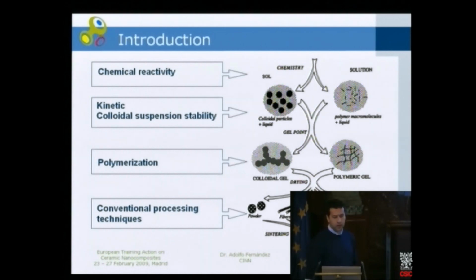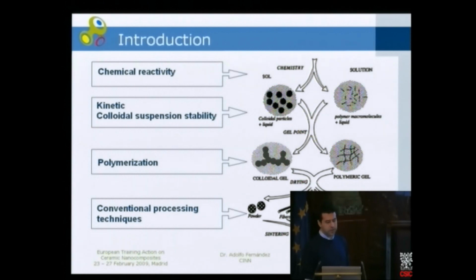In this diagram, I want to show the global complexity of this synthesis method. For example, at the beginning, it's necessary to control the chemical reactivity of all the precursors in the solution, taking into account kinetic conditions and the colloidal suspension stability.